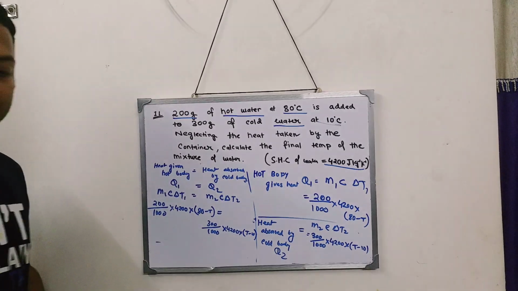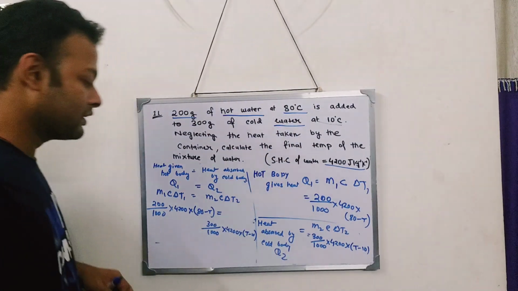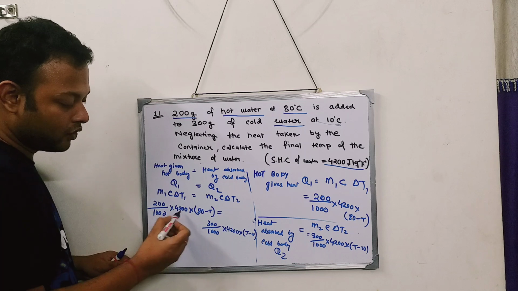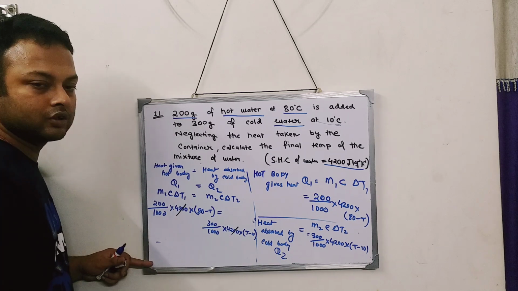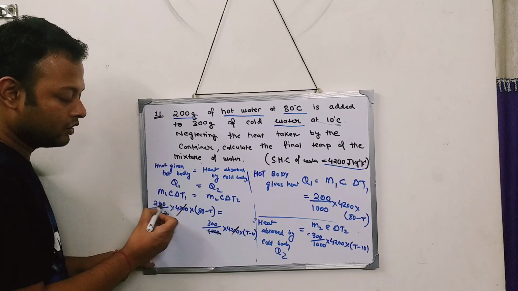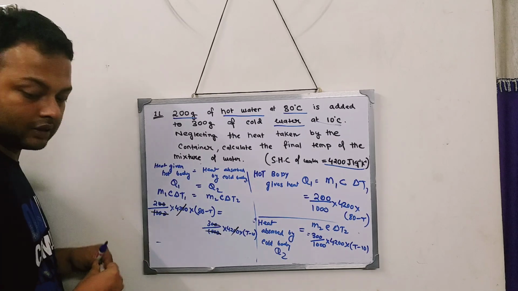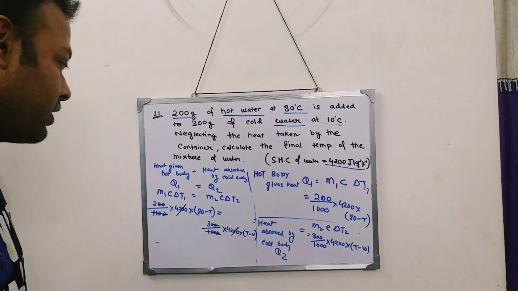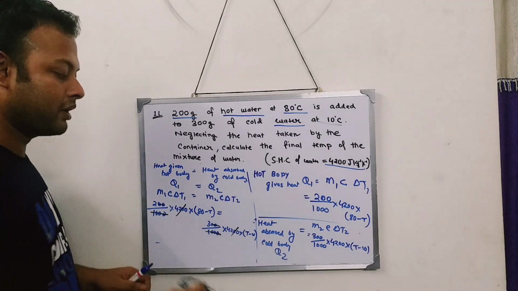You got this? Now after this you need to cancel. See over there, 4200 and 4200 will cancel. This 1000 will cancel. This 20 and this 20 will cancel. So what is the remaining part? I'm writing it over here.